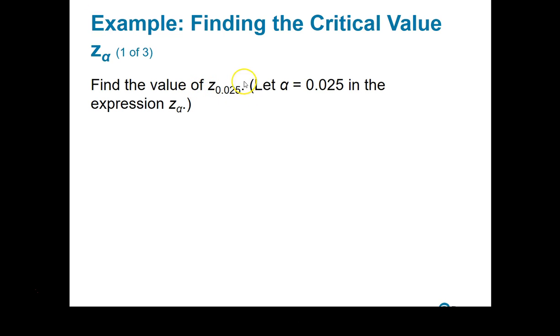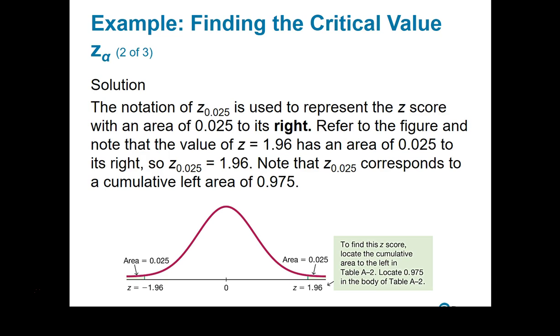Your chart out of your book should also have these common critical value scores. Z of 0.025 would just be Z sub 0.025. And it's the area that's here and the area that's up here. If we subtract both of these areas, 0.025, 0.025, that's about 5%, meaning the area between these two will be 95%.